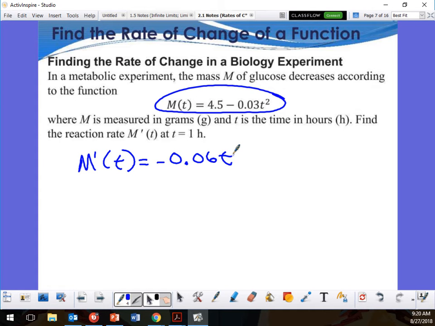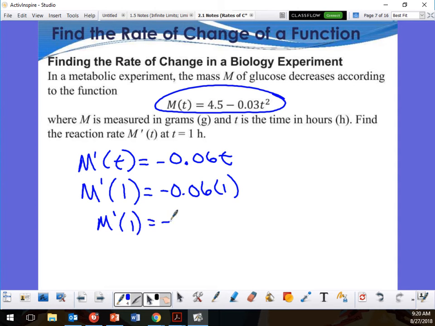And then it said, so M prime of 1 is going to be -0.06 times 1. So M prime of 1 is -0.06. So at that point, we know it is decreasing at that rate.